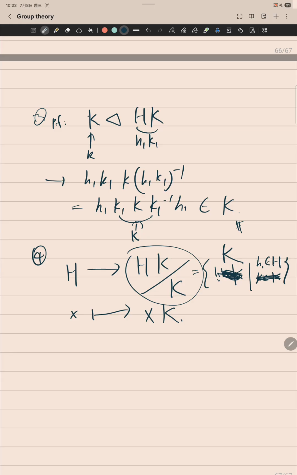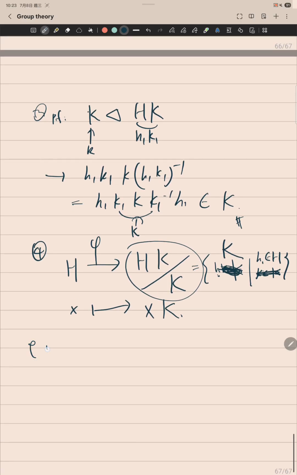First you need to prove it's well defined. Let's call it phi. So the first one is that phi is well defined. This one is easy. Why? Because this one is trivial: it is well defined because there's no quotient on the left-hand side, right?